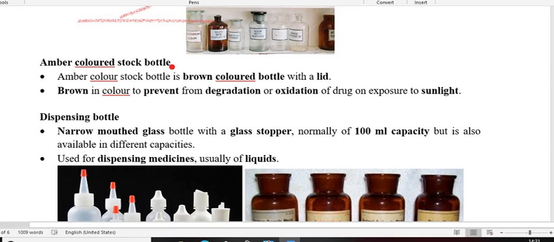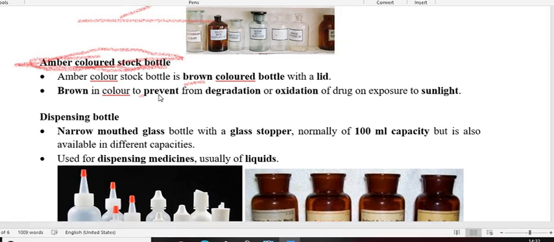If the same stock bottle is brown in color, it is called an amber colored bottle. So why is an amber or brown colored bottle required?